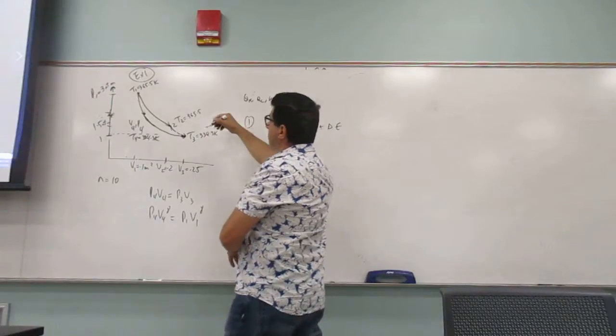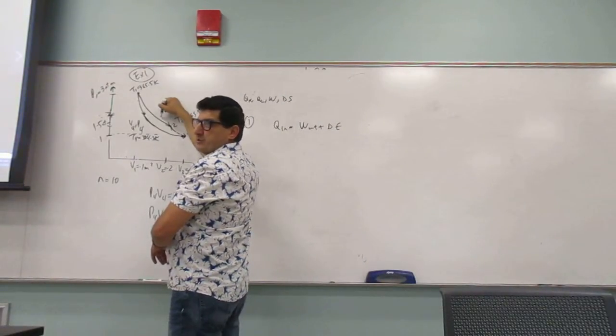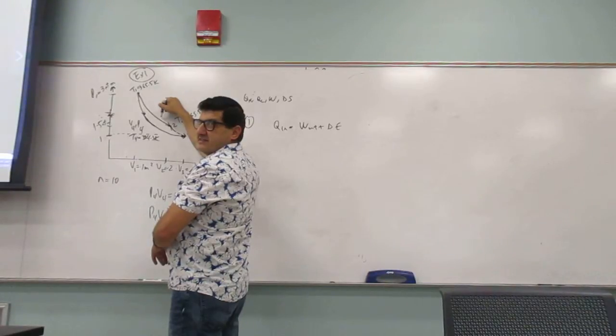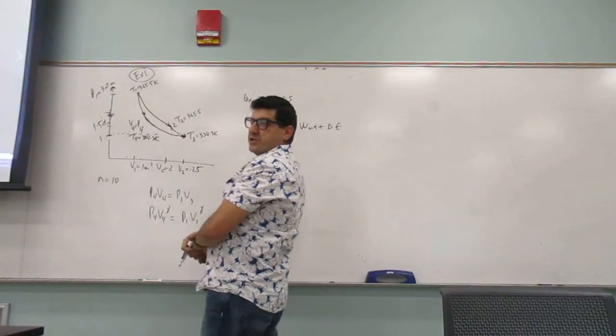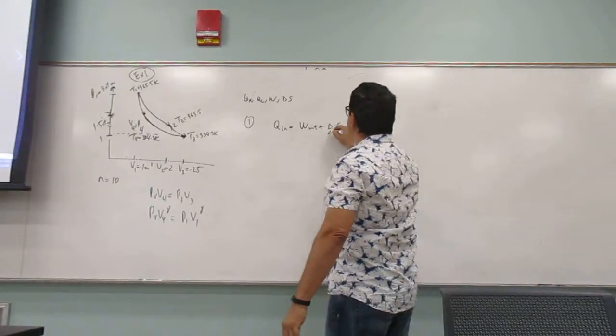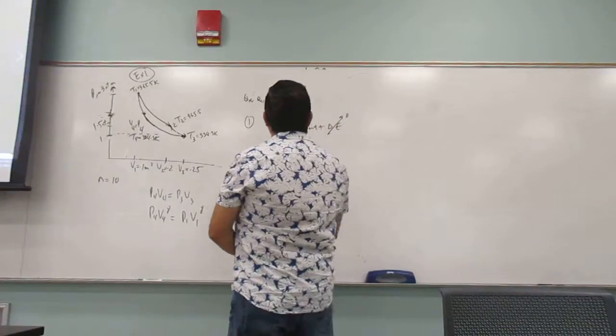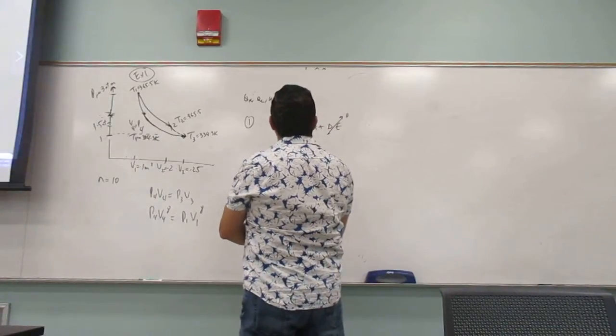In stage 1, what process was that? Isothermal. So is there a delta E? In isothermal, does the temperature change? No. Okay, then delta E is 0, right? And then Q in is going to be work out.